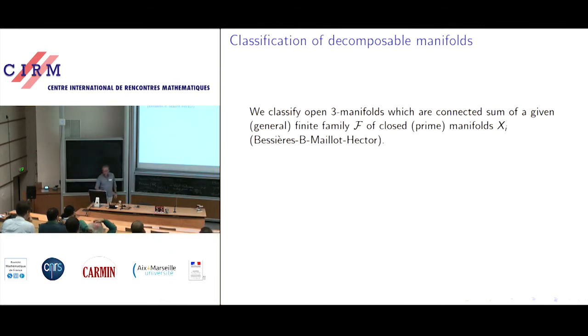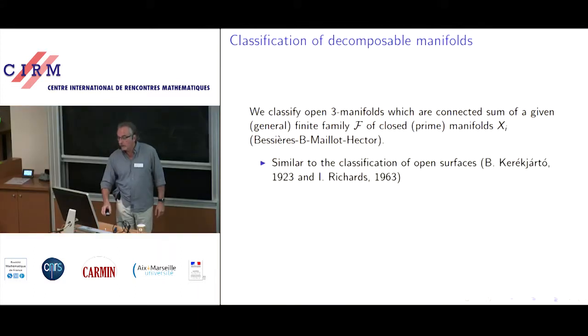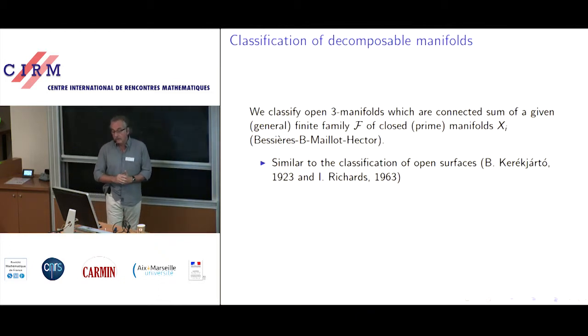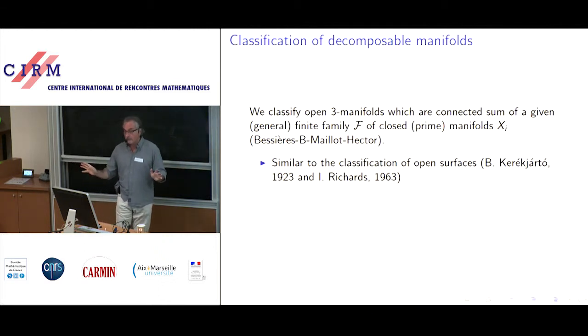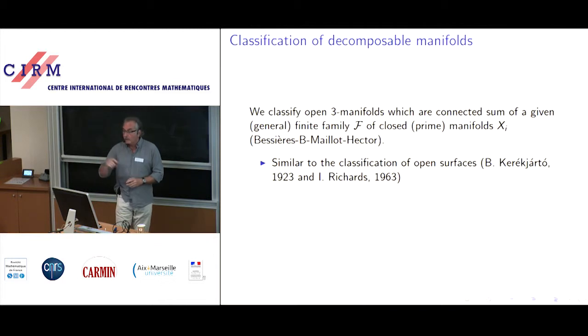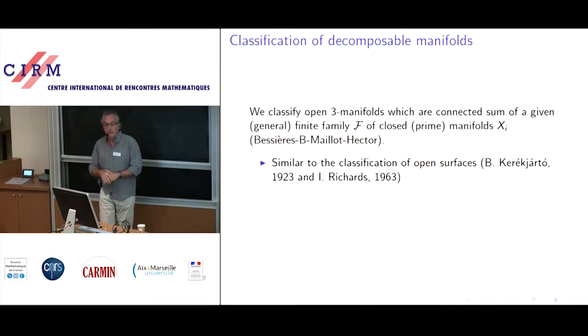Okay, so we got a result which is very similar to the classification of open surfaces. The classification of open surfaces has been looked at by only two people in the history of mathematics, maybe more, but at least this Hungarian mathematician Béla Kerékgyártó in 1923.